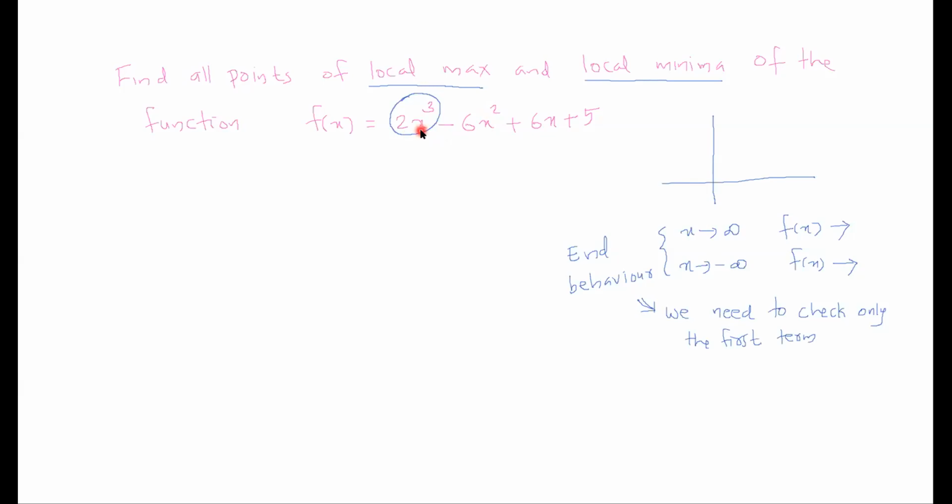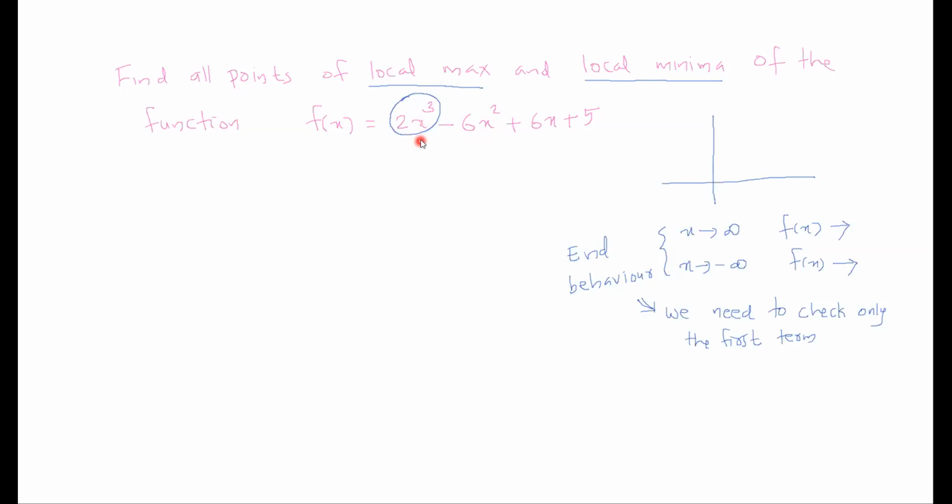The first term, 10 cube is 1000 into 2, already 2000. For the rest, 10 square into 6 is only 600. So when x becomes very large, whatever this first term is, positive or negative, that will decide the value of that function.